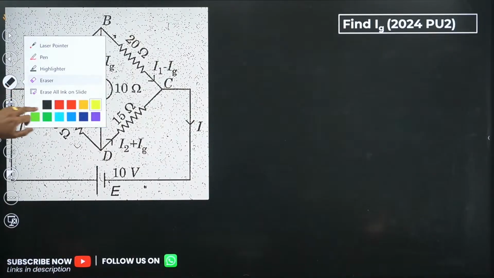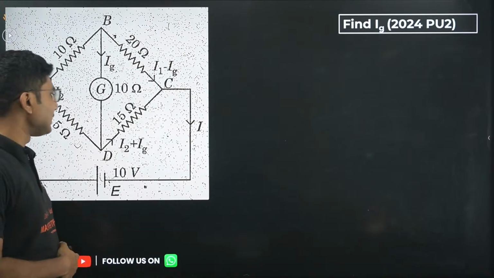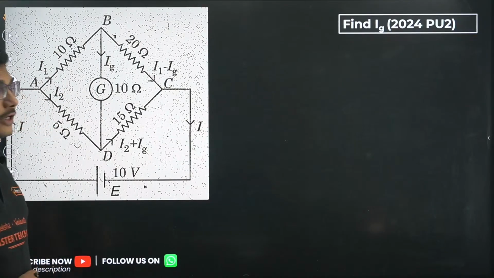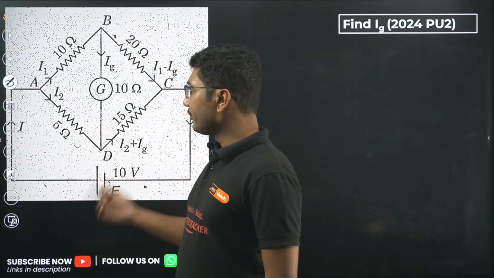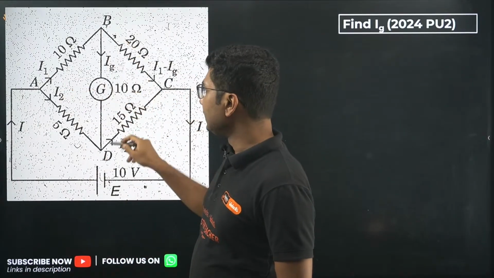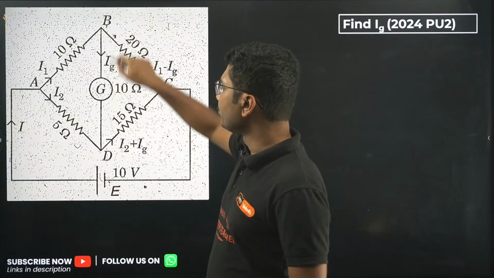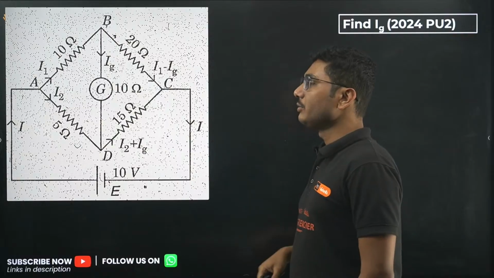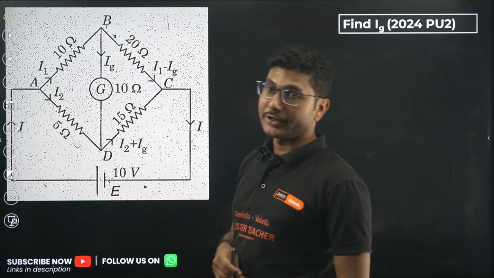So how to tackle this kind of question? We will be considering loops, and we will try to consider the minimum number of loops. In the Wheatstone bridge derivation, we generally take this loop and this loop, but these two loops will not help you solve an unbalanced Wheatstone bridge. You have to have a loop where the battery voltage is involved.